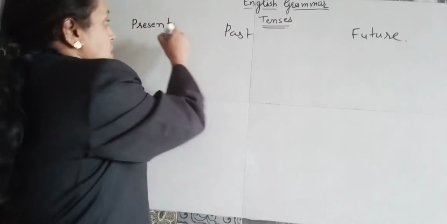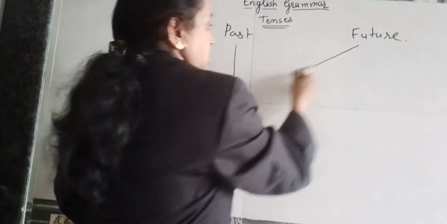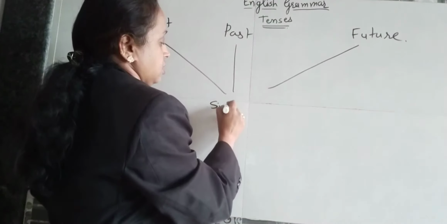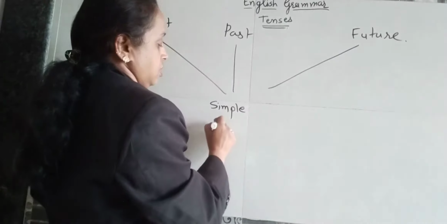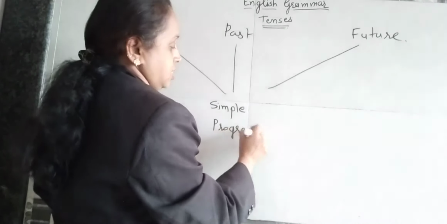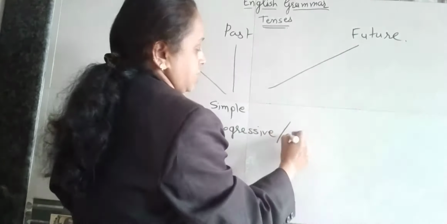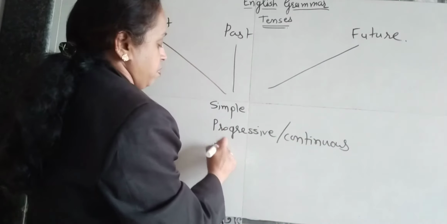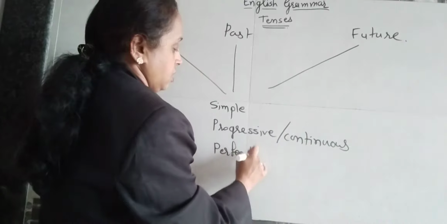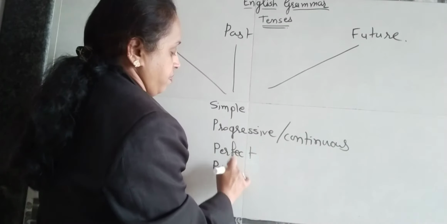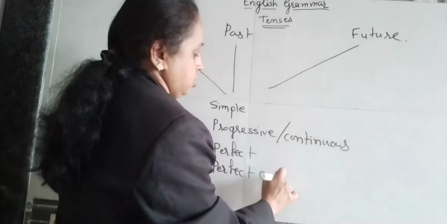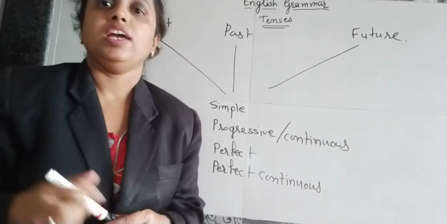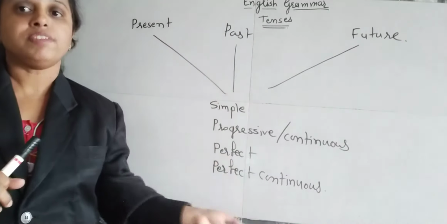Each tense has four subtenses, that is simple, progressive (or we say continuous), then perfect, and perfect continuous. So in this way there are these kinds of tenses.